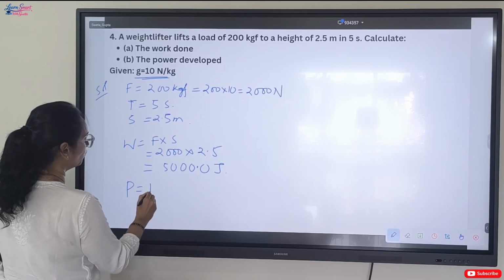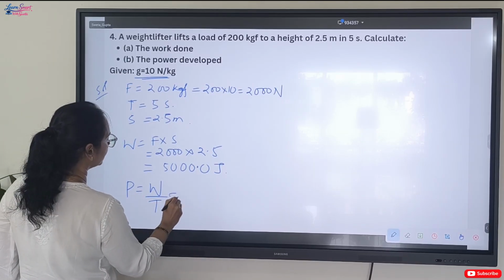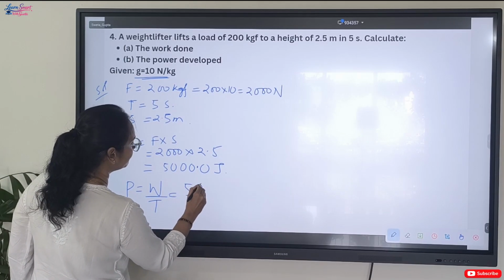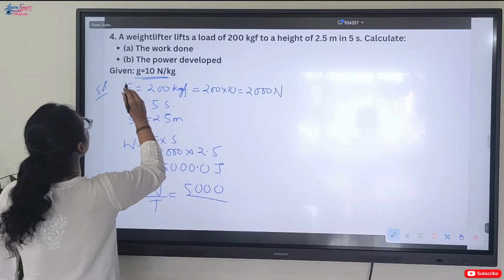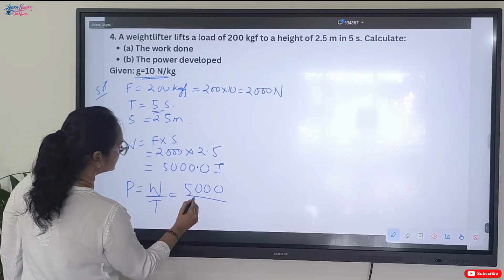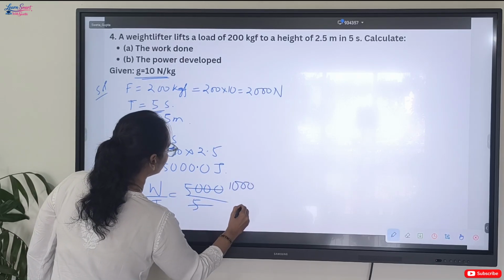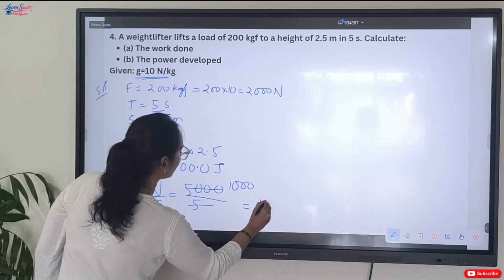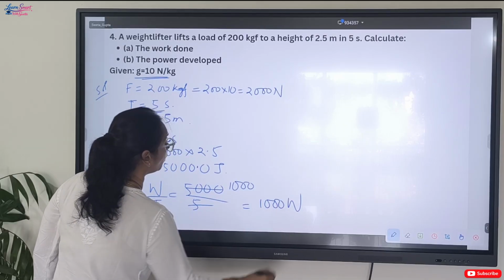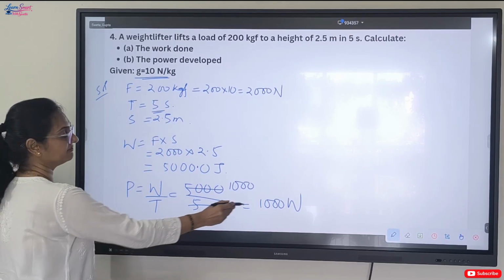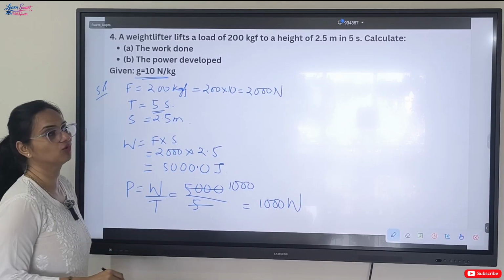So power is equal to work done upon time taken. Work done we already got, 5000, and time taken is 5 seconds. So 5000 upon 5, we will get 1000 watt. Always write the unit in the final answer. So power is 1000 watt.